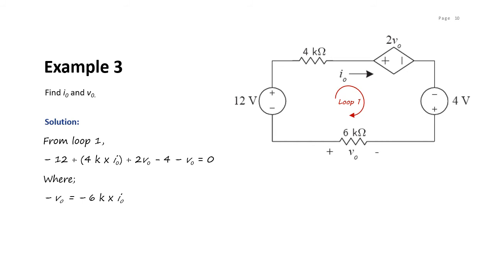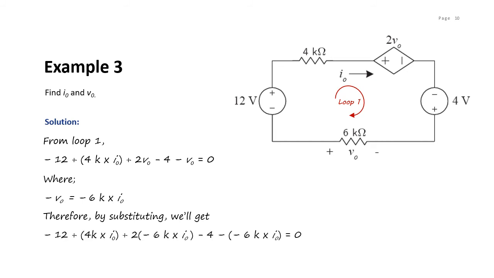From these two equations, we can find our answer by substituting. After substituting, we get this equation, and from there we can get the answer right away because we only have two unknown variables and two equations. So I0 is minus 8 milliampere, and V0, you just substitute, and you get the answer, 48 volt.